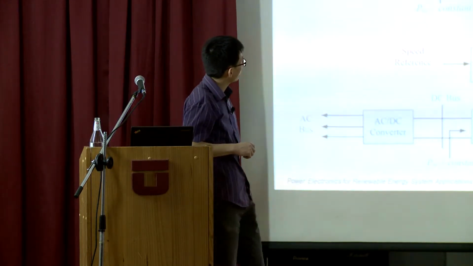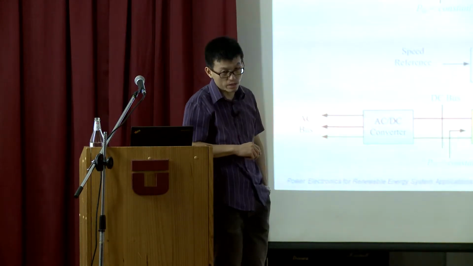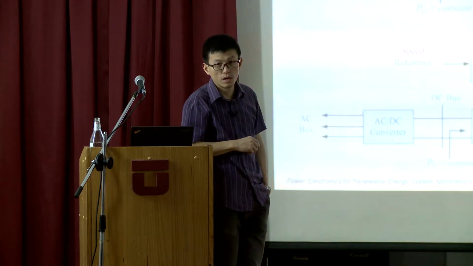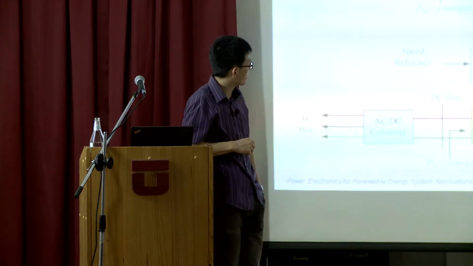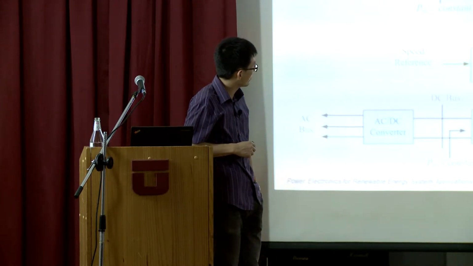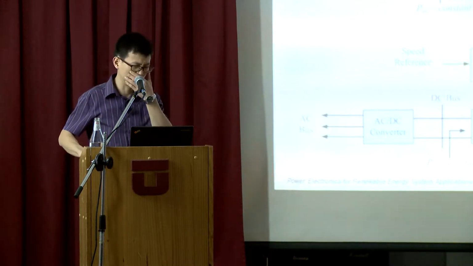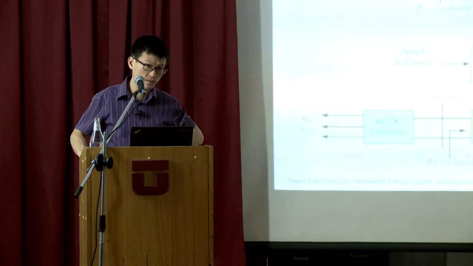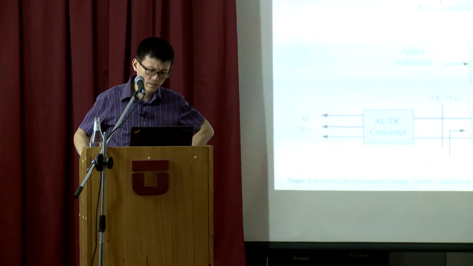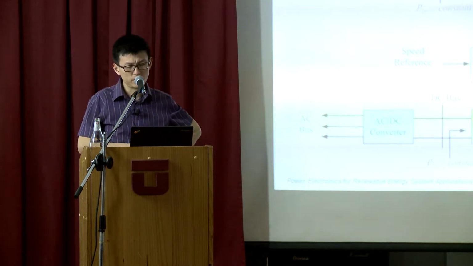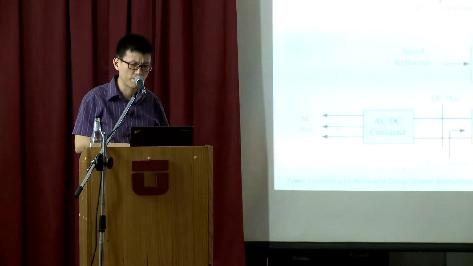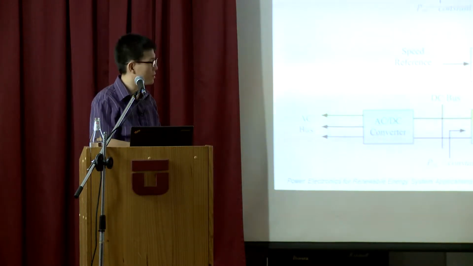In general, if you look at the impedance of these two loads, we find out the system impedance is negative, which is what we call the negative impedance impact, and this has a huge impact on the stability of the system.